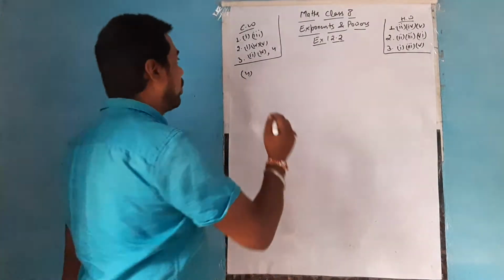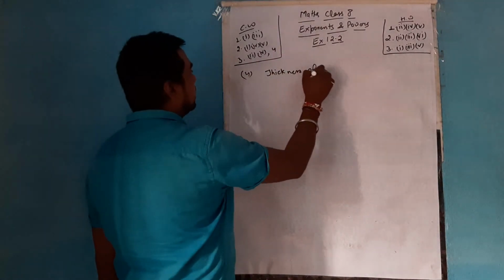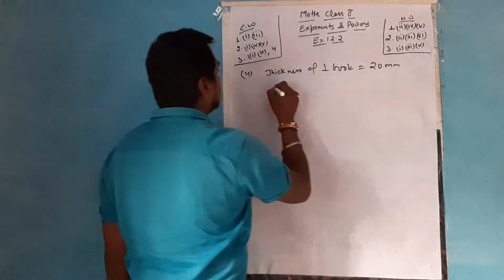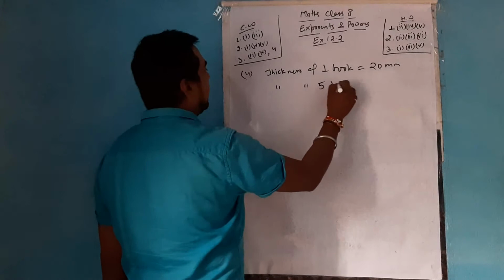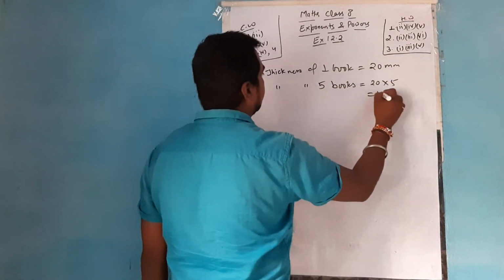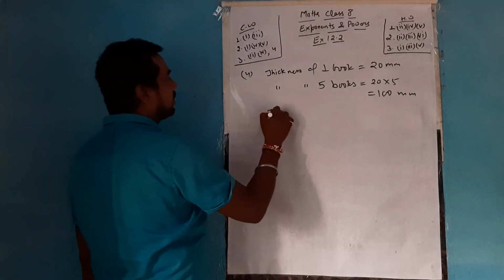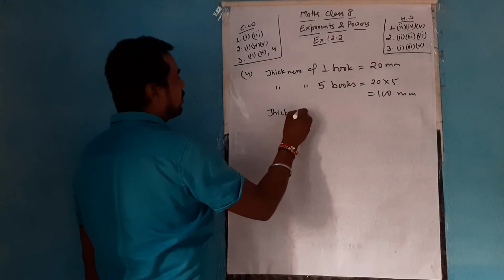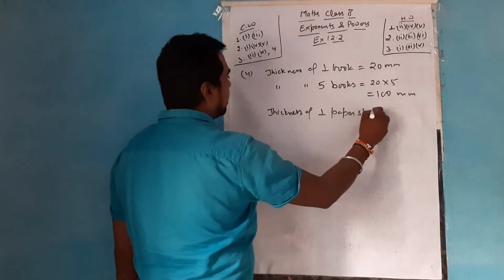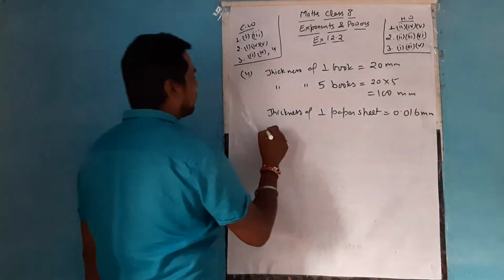So thickness of one book is 20 mm. So thickness of 5 books will become 20 into 5, that is 100 mm. Similarly, thickness of one paper sheet is 0.016 mm.